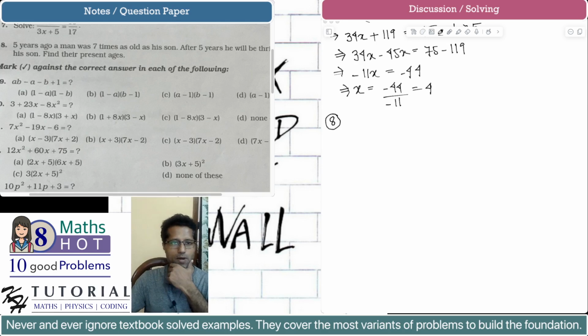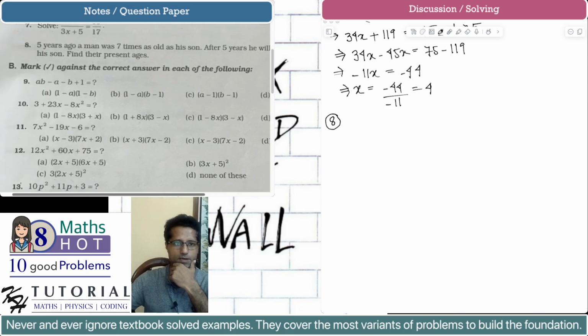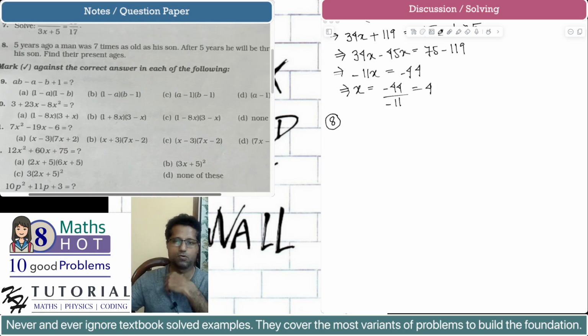So 5 years ago, a man was 7 times as old as his son. After 5 years, he will be thrice as old as his son. Find their present ages. Okay.